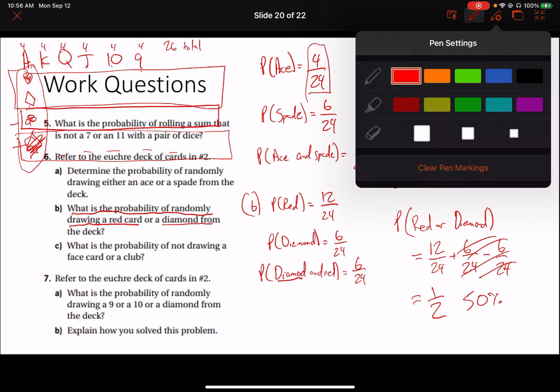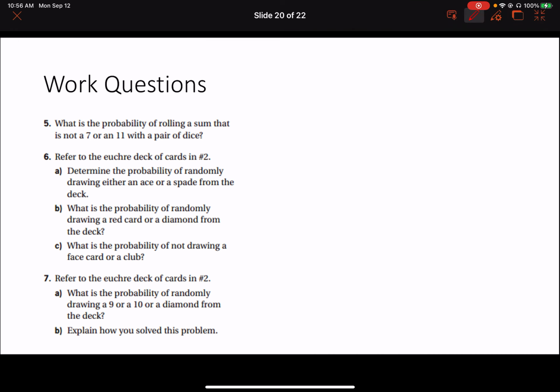Okay, next question. So we have the Euclid deck again: ace, king, queen, jack, 10, and 9. What is the probability of drawing a 9 or a 10 or a diamond from the deck? Well, what's the probability of drawing a 9? You have heart, diamond, spade, club, right? So you have 4 there.